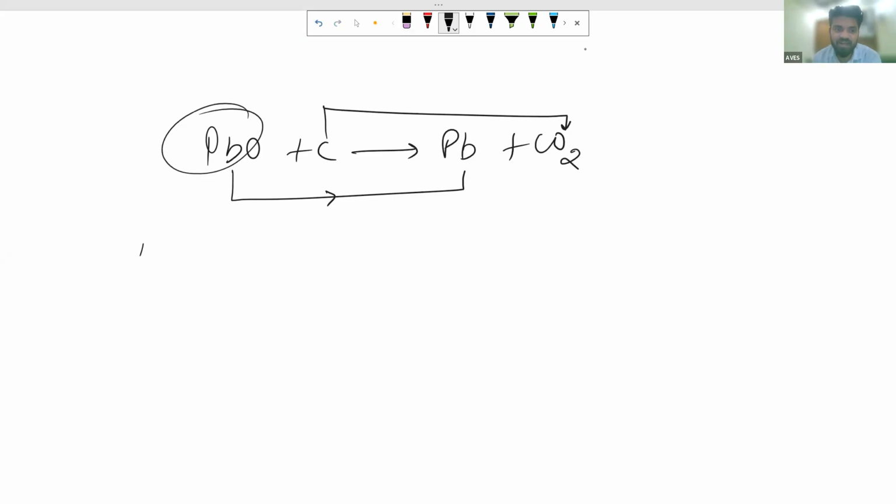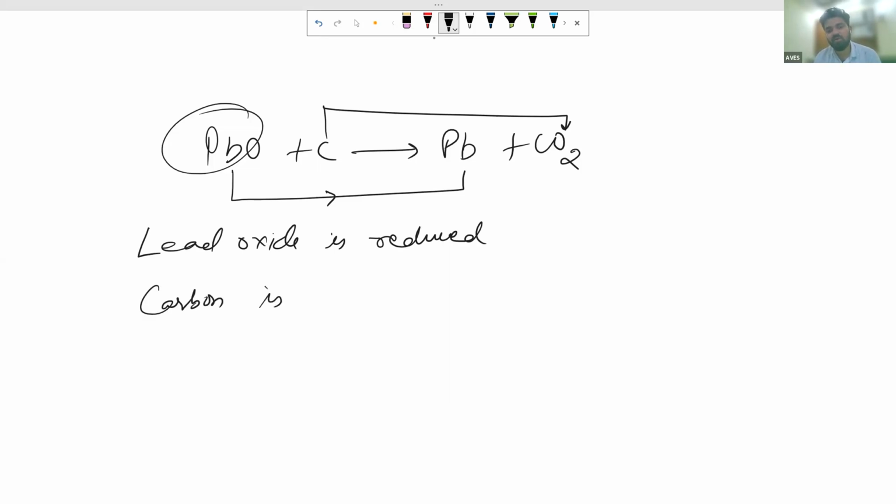So we'll say that lead oxide is reduced. And here you see the carbon is getting oxidized. Carbon is oxidized.